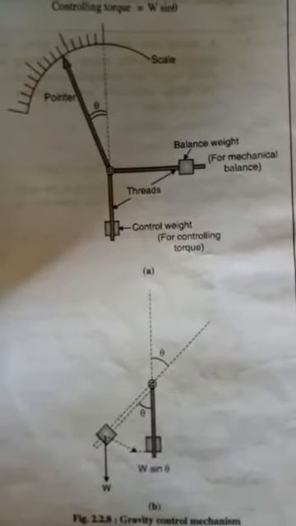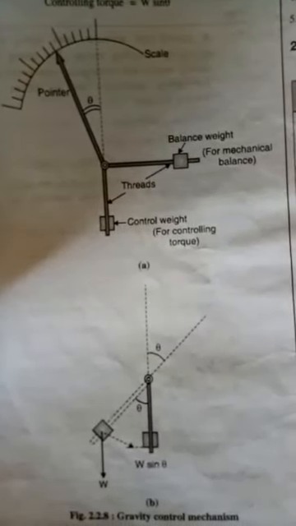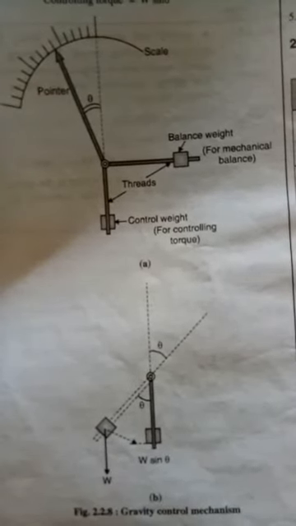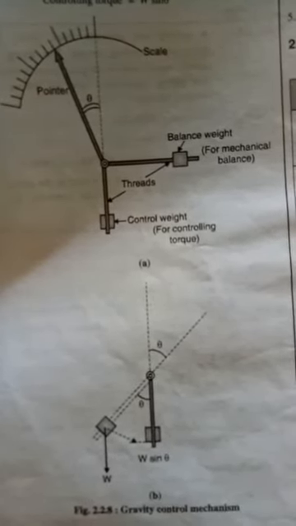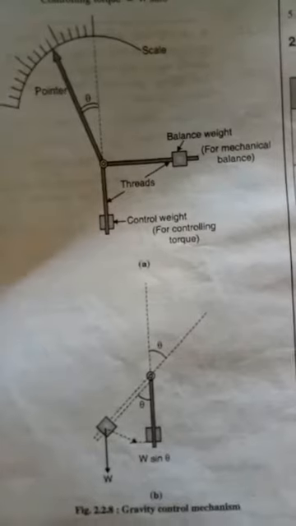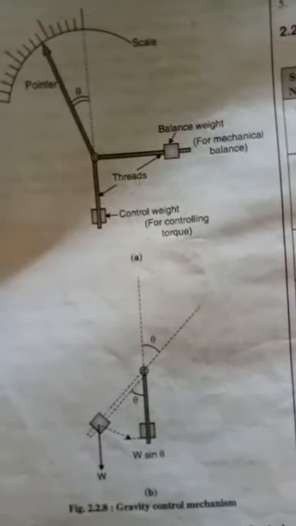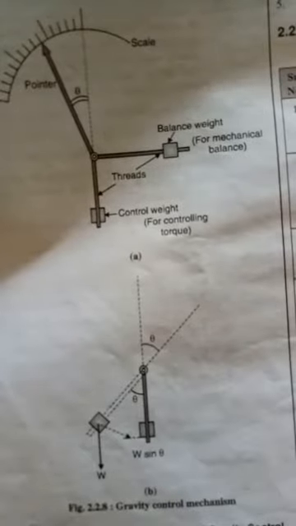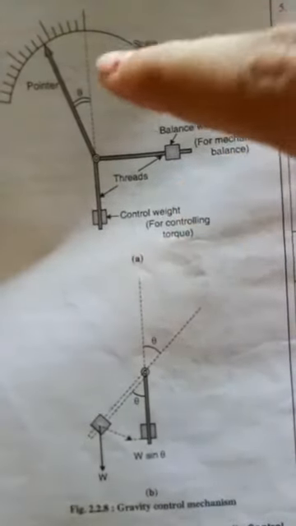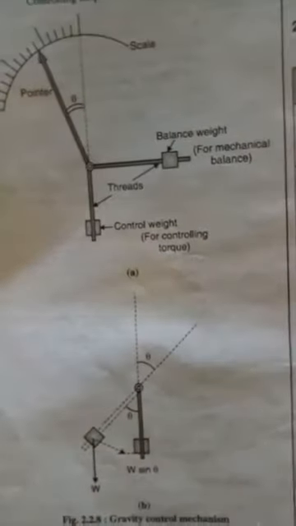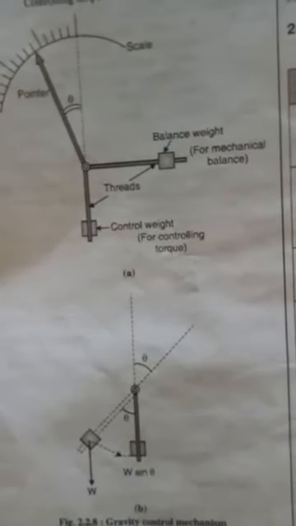This is the diagram of the gravity control mechanism. The balancing weight is provided for mechanical balance and for zero setting. The control and balancing weights are adjustable. These two weights can be taken toward the spindle or away from the spindle.